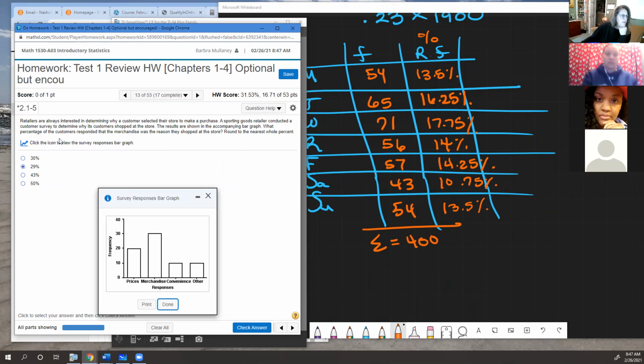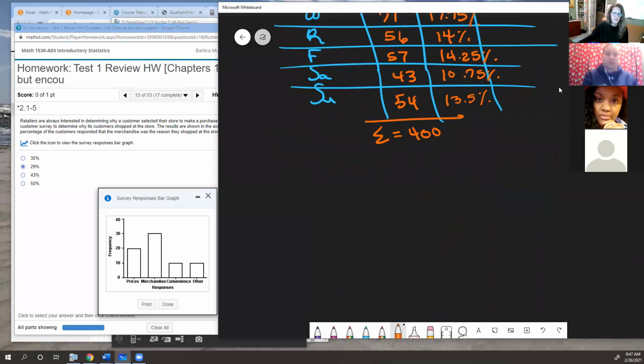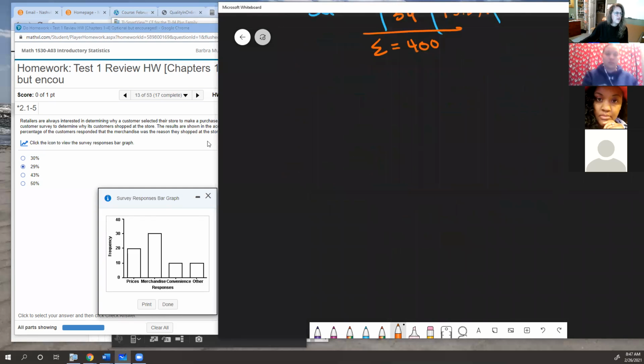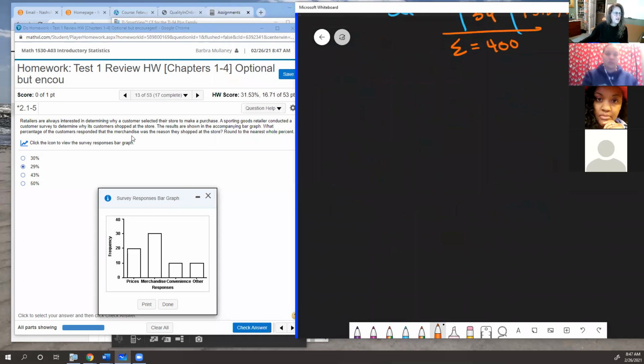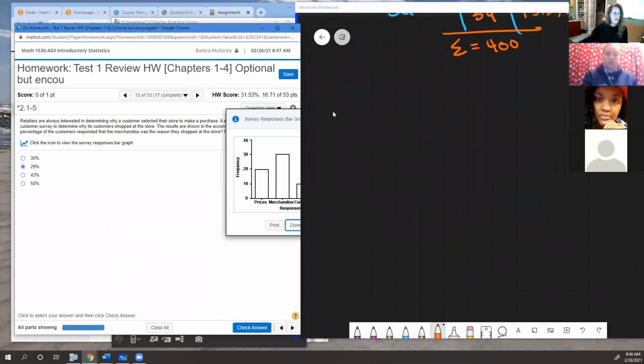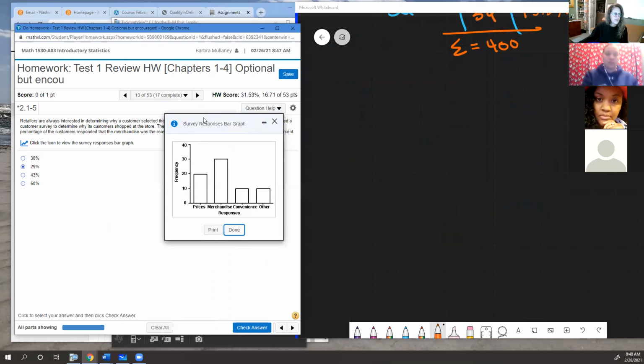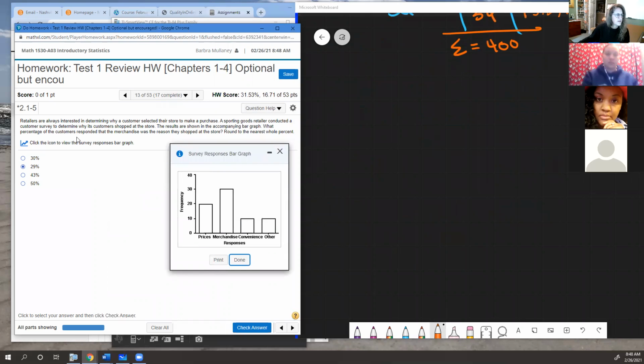So they're asking what percentage of the customers responded that the merchandise was the reason they shopped at the store. We're going to round to the nearest whole percent. So we have to do the percentage of customers who responded that the merchandise was the reason they shopped at the store.